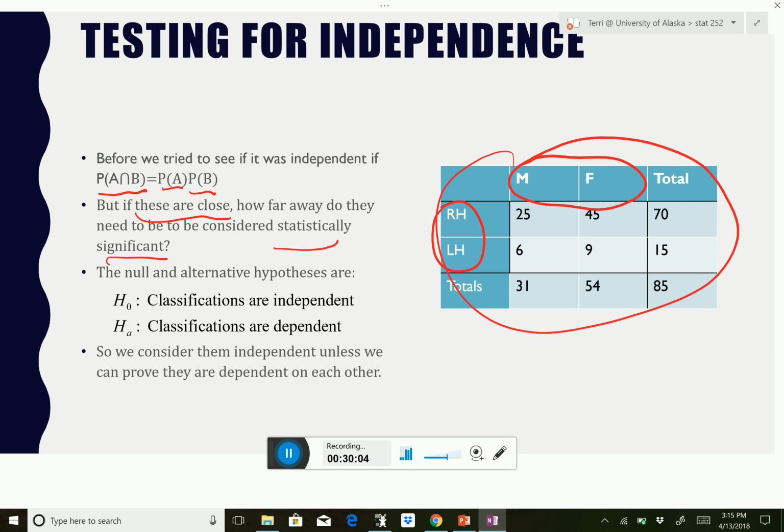So one of the ways we can do this is using a hypothesis test. And this is one of the weird hypothesis tests. Classifications are independent. Well, here's your equal sign right here. Or the classifications are dependent upon each other. So we're going to consider them independent unless we can prove they are dependent on each other.